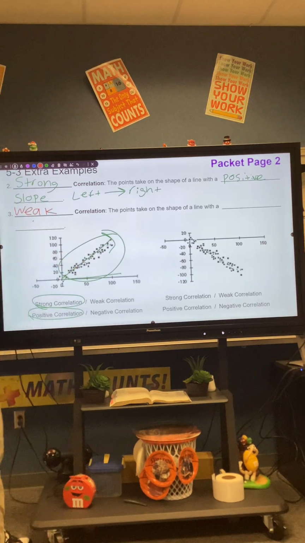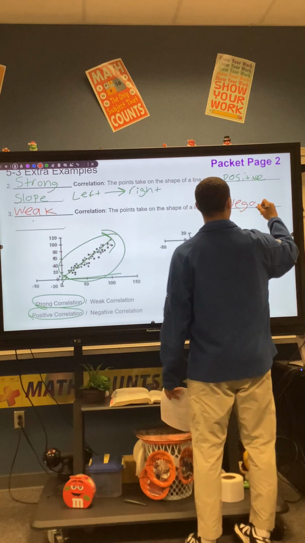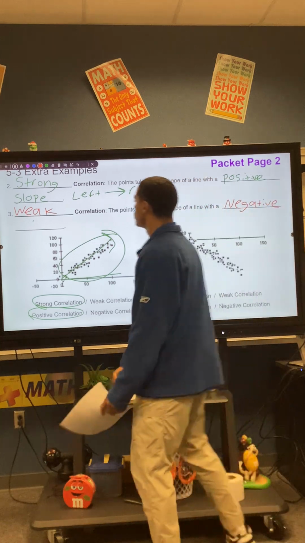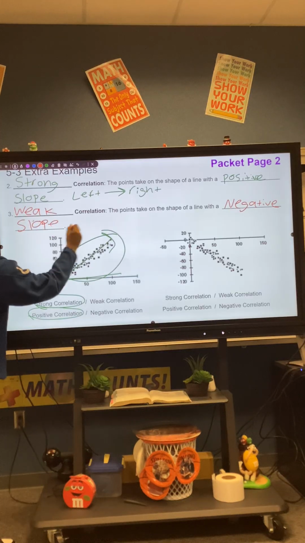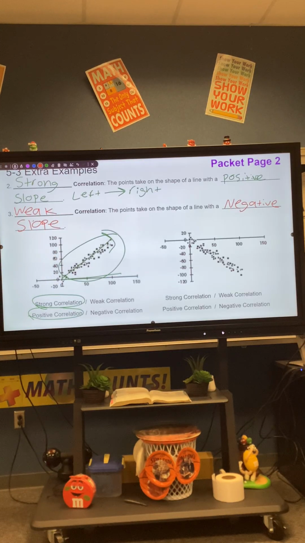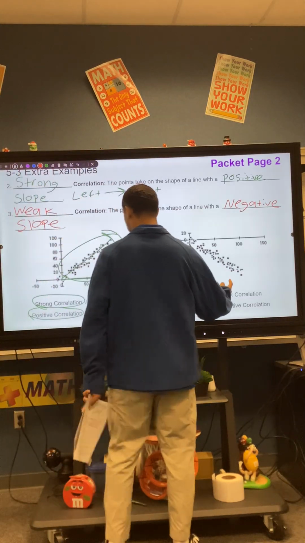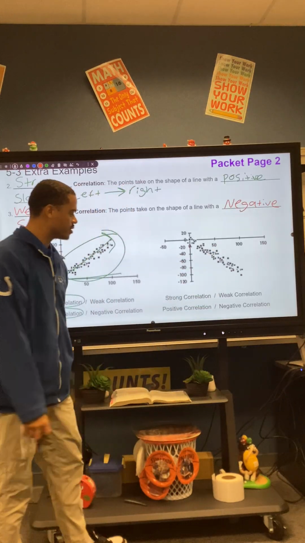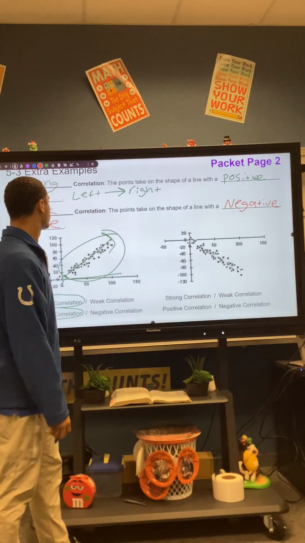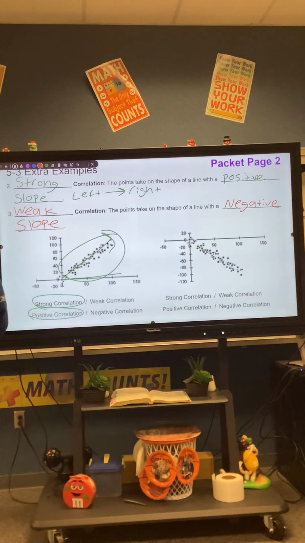So, a weak correlation, the points take the shape of a line with a negative slope. Put that here. So obviously, as you can see, our second example, strong or weak correlation, what do you think?